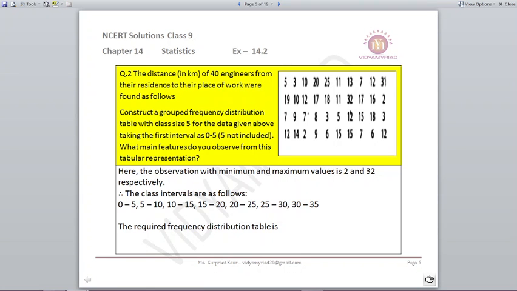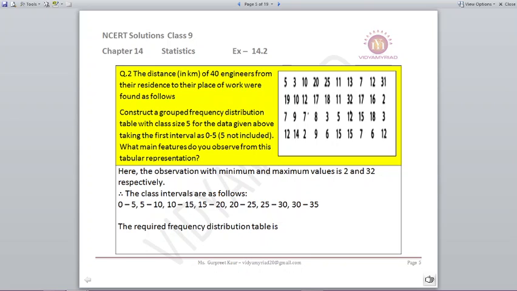Question number 2. Here the distance is given in kilometers of 40 engineers from their residence to their place of work. Construct a grouped frequency distribution table with class size of 5 for the data given above, taking the first interval as 0 to 5. 5 is not included, so 5 becomes your upper limit.